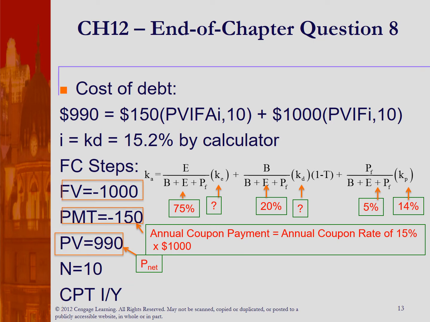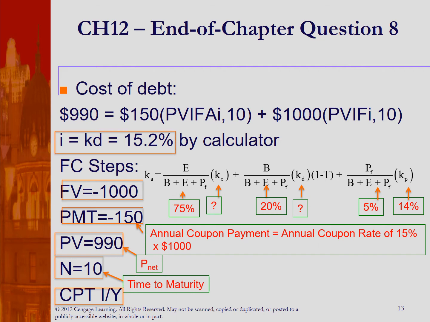Future value equal to the maturity value, that is the face value of the bond, $1,000, a cash outflow. Number of periods equal to time to maturity, 10 years. Compute interest rate. The interest rate obtained is the pre-tax cost of debt. We obtain the value equal to 15.2%.